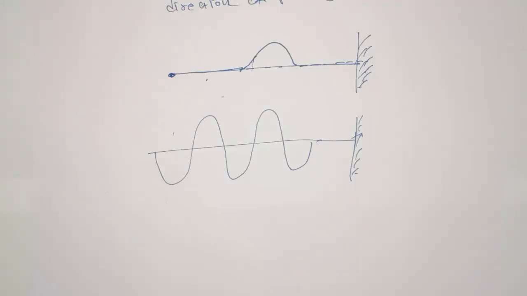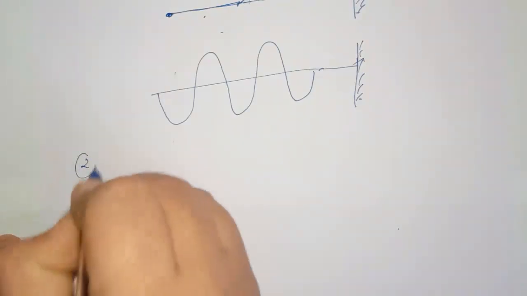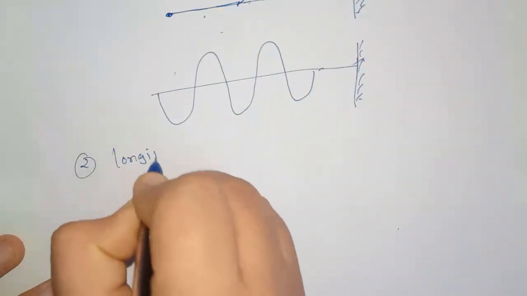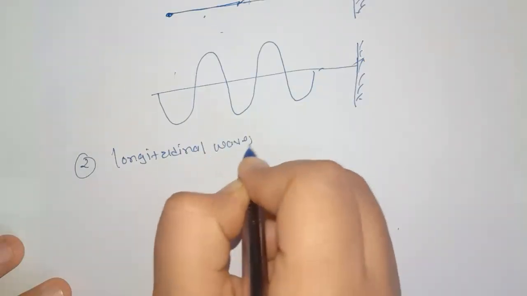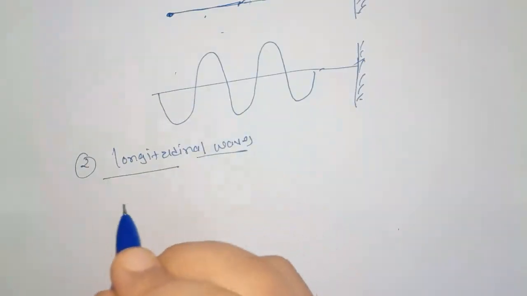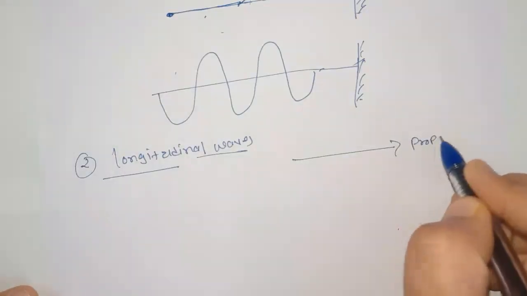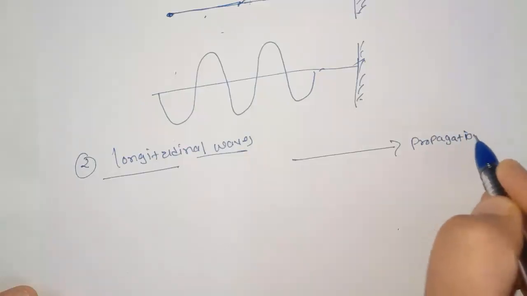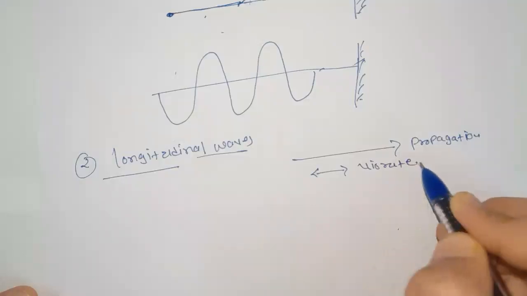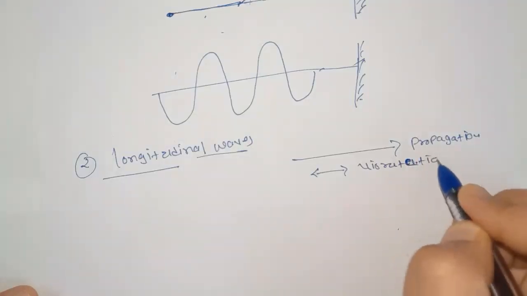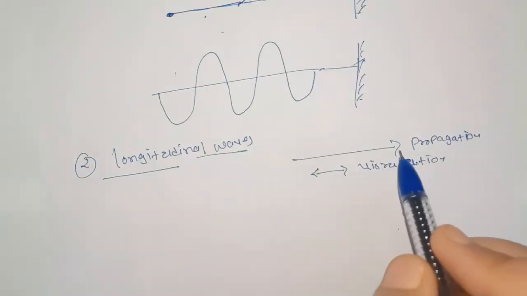The second type is the longitudinal wave. The longitudinal waves are the waves in which the constituent particles of medium vibrate parallel to the direction of propagation.